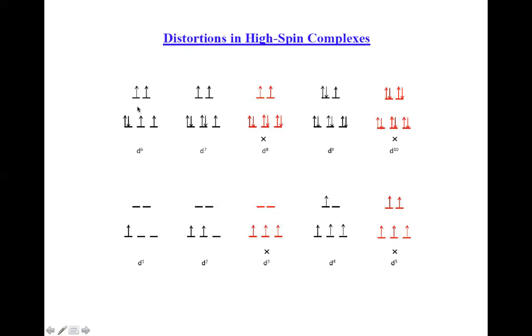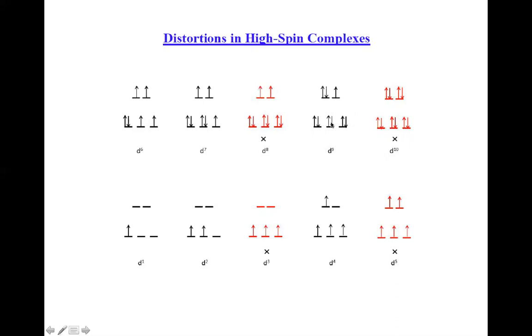In a d6 system, eg is symmetric, t2g is unsymmetric. Overall, distortion will be there. Same case for d7: t2g is unsymmetric, eg is symmetric. Distortion will be there. In d8, t2g will be fully filled, eg will be half filled. Both are symmetric, so distortion will not be there.